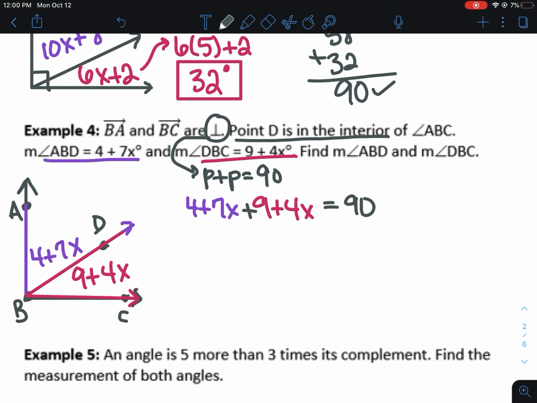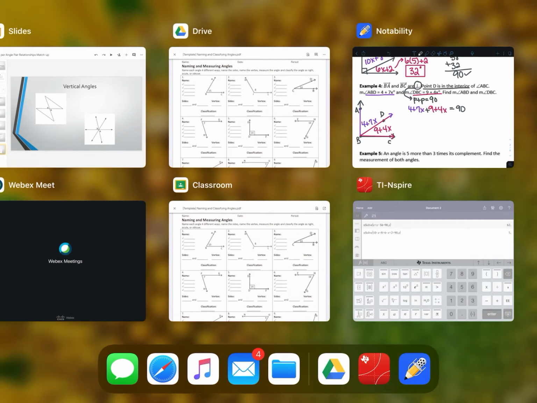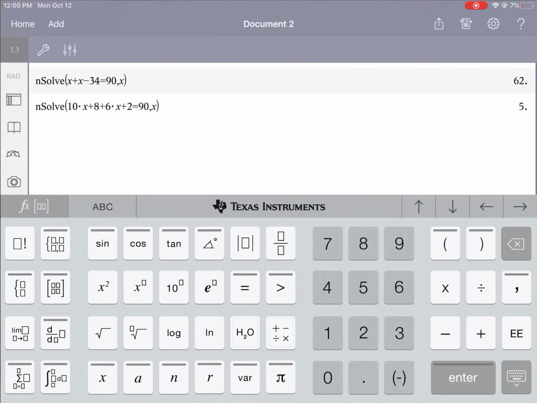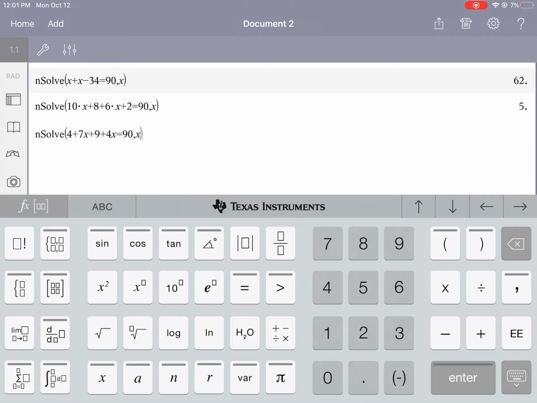All right, so at this point, you can just plug that into numerical solve. Y'all already know what's up. So that's going to be 4 plus 7x plus 9 plus 4x equals 90. And we're working with the variable x. And we get 7.